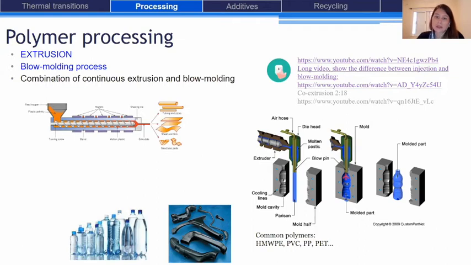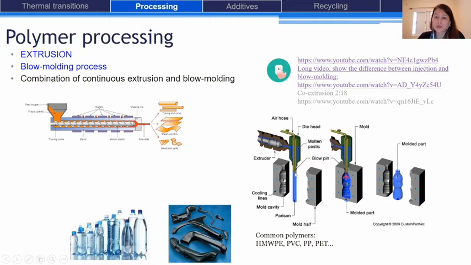So for example, in that case that is represented, it is a mold in order to create a bottle, so to give the shape to the bottle. The extruder will form a tube, and this part of the tube that will serve to produce the product is called the parison. It is like a pre-shaped part.